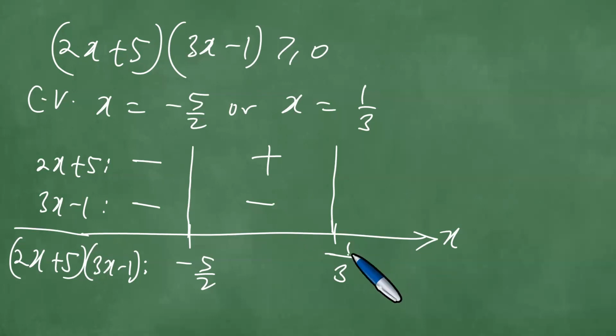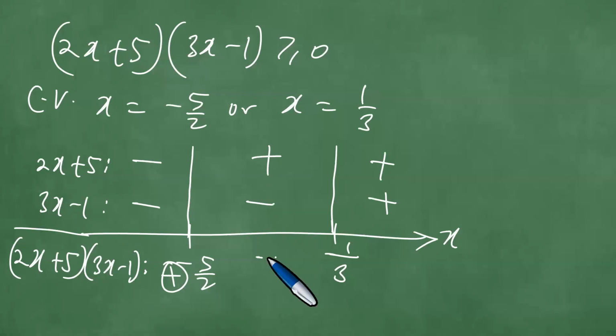Any number bigger than 1/3 can be any random number, maybe even 5. 2 times 5 plus 5 is positive, and 3 by 5 is 15 minus 1, positive. Now you multiply negative by negative, you get a plus.